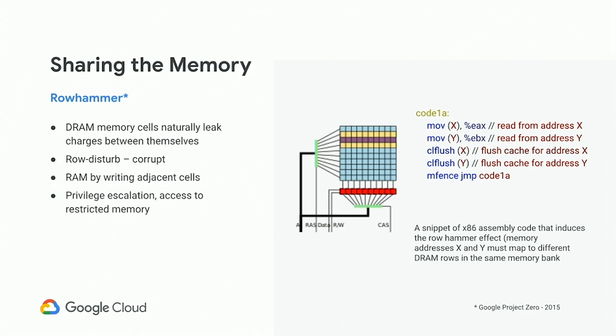Now, suddenly, your privileged memory is not privileged anymore. You have access to it because you just flipped that bit by just changing user space code. So it's quite fascinating. Again, it's using the fact that those memories are shared and packed together.